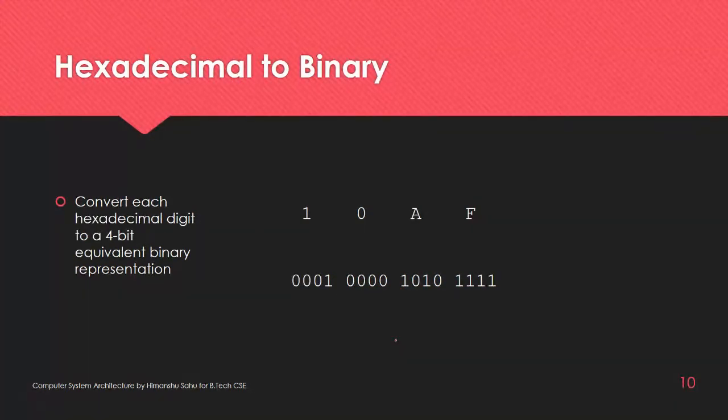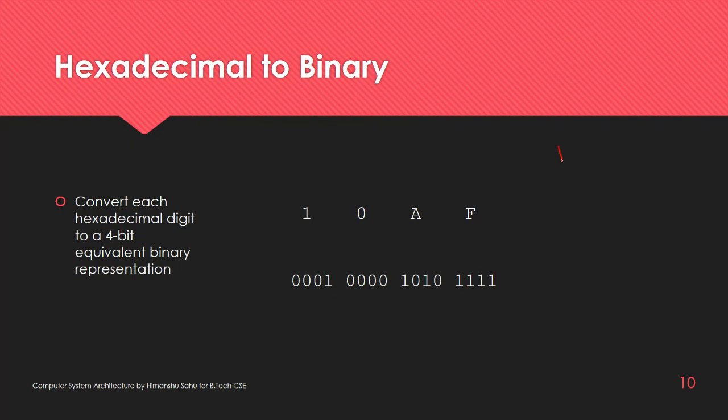Now hexadecimal to binary, the same thing applies. The only difference is that you will require 4 bits, because 15 will be represented by 1111. That means after 7 we need 4 bits to represent a particular symbol.